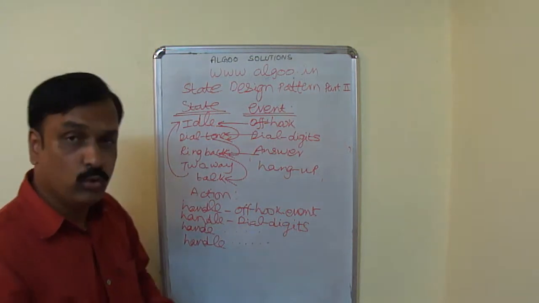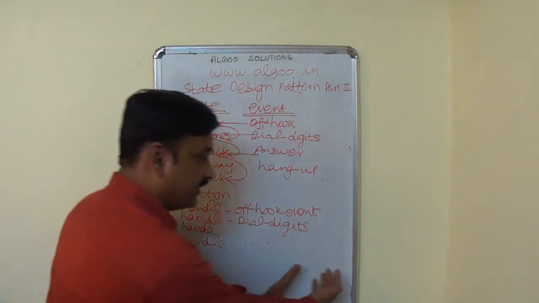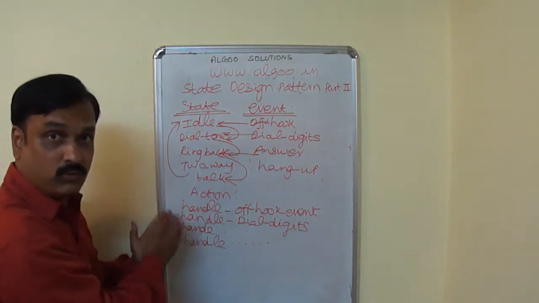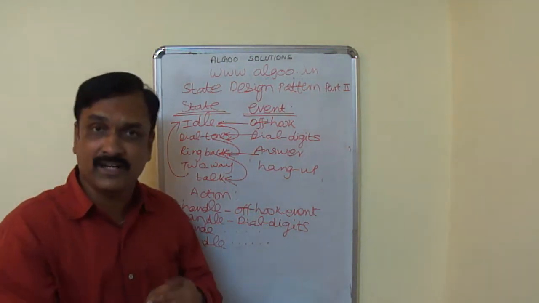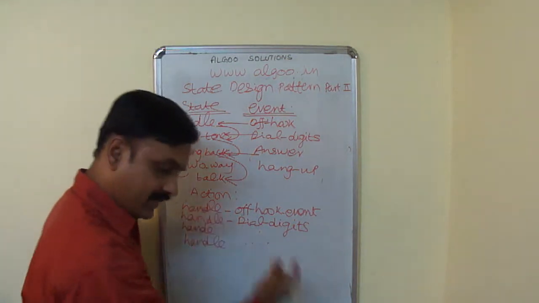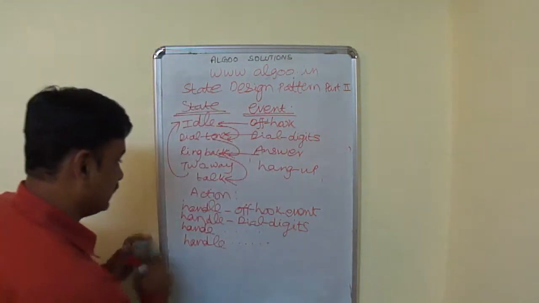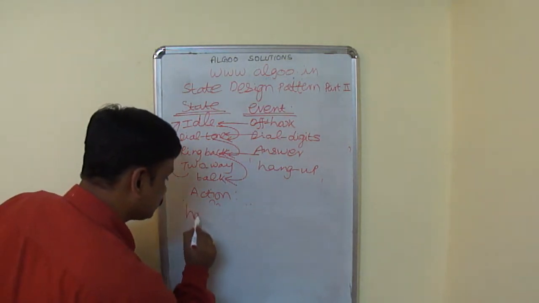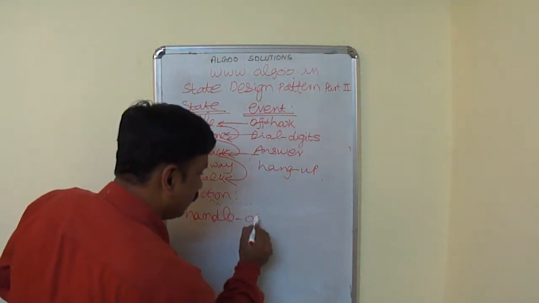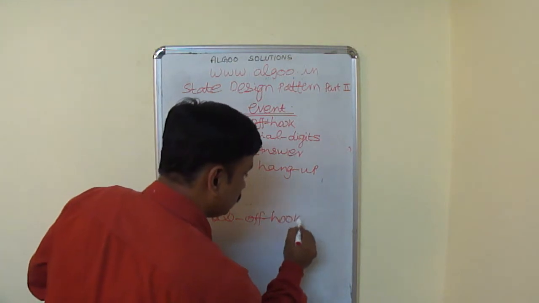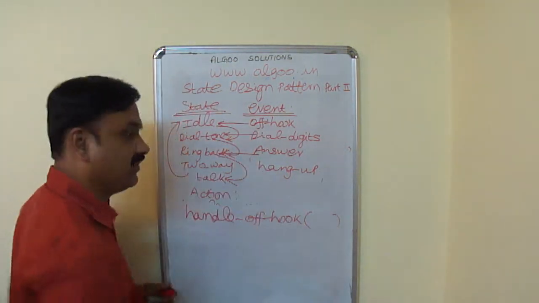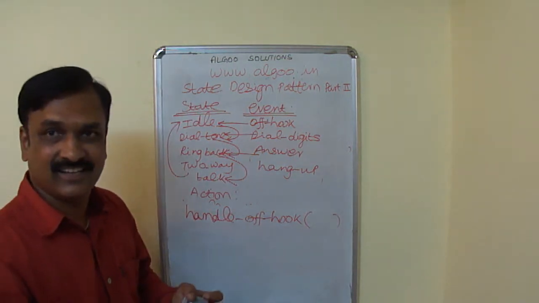Okay. Now who calls these behaviors in the derived classes? Somebody has to call, right? The client gives, so what will the client be calling? The client's function will be coded like this. I'll just write, the client will say handle off hook, and it will pass an object of the context class, that's all.